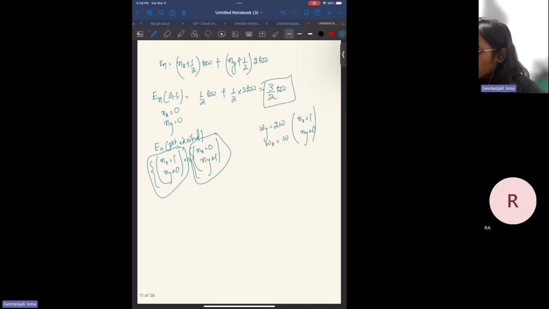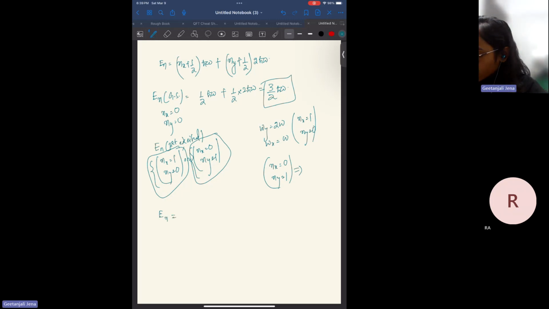If you take nx equal to 0 and ny equal to 1, the energy will be higher. It will be higher than 3 by 2 h cut omega, but higher than the first excited state. So let's see what energy we will get.